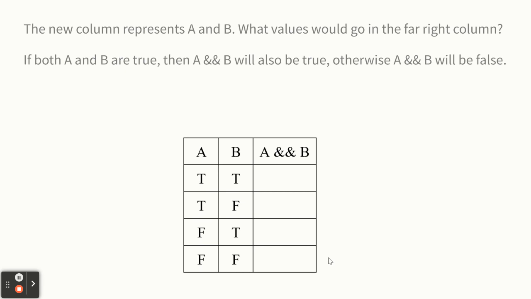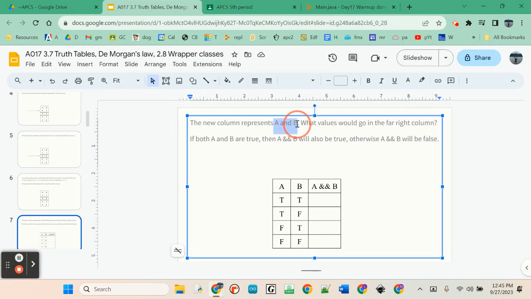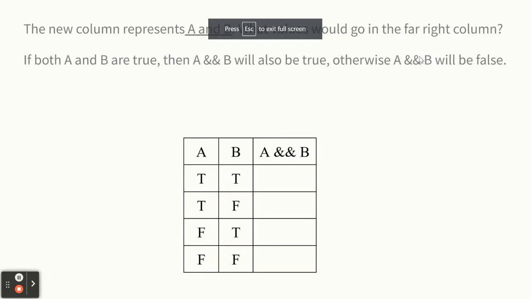But now we're going to add another column. This other column is A and B. Just made it underlined to emphasize that point. If both A and B are true, so anyway, we're doing a logical analysis here.